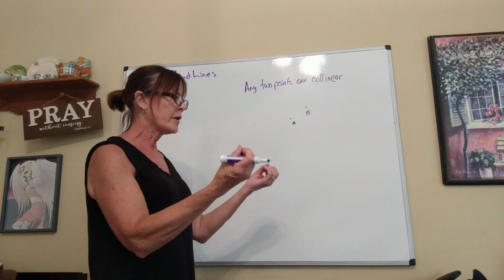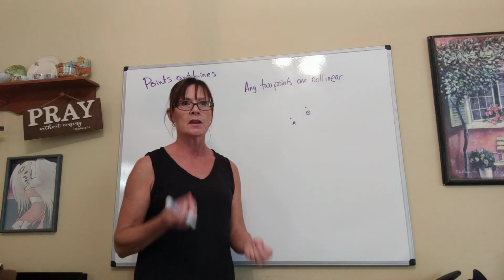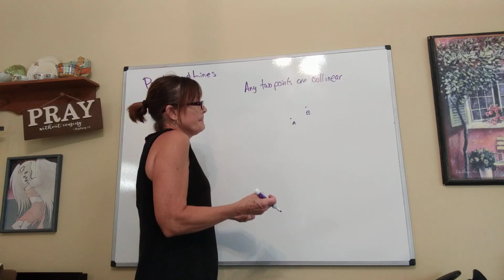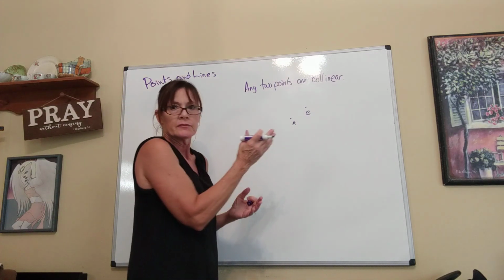But if we've got 3 points, can 3 points be collinear? Well, they have to be on the same line for them to be collinear.